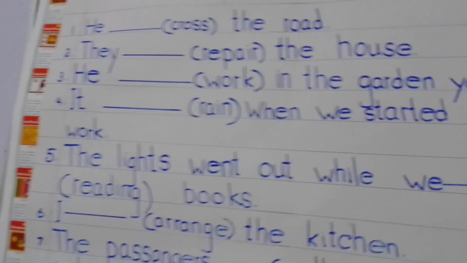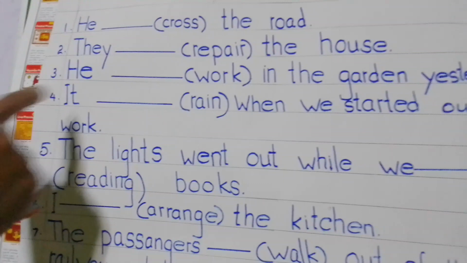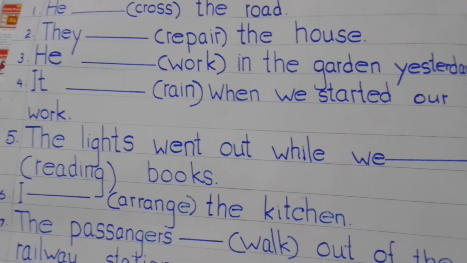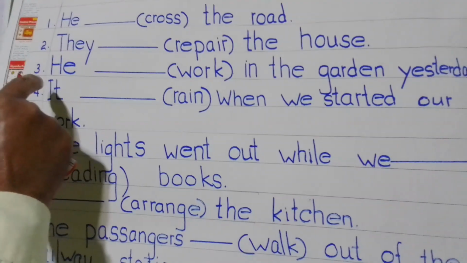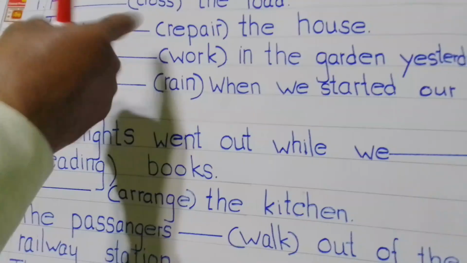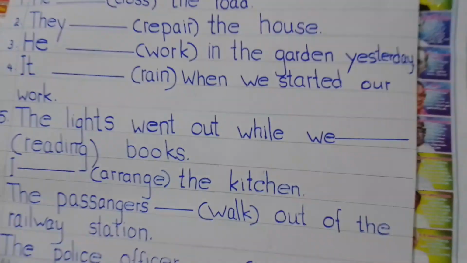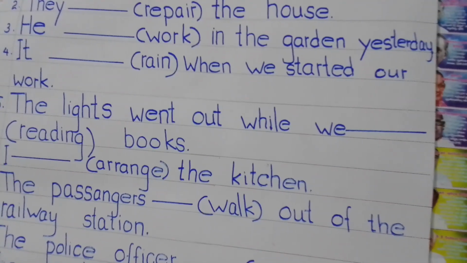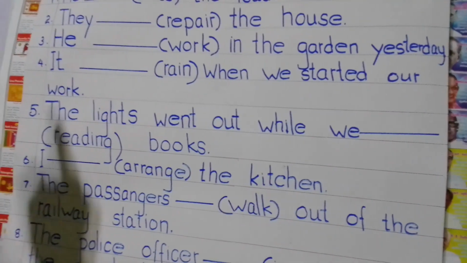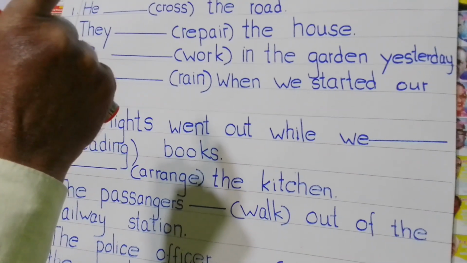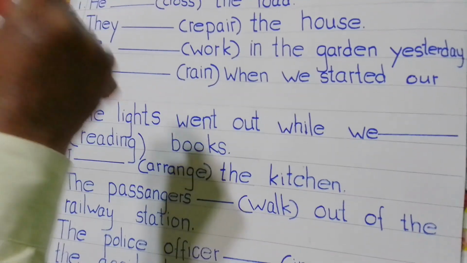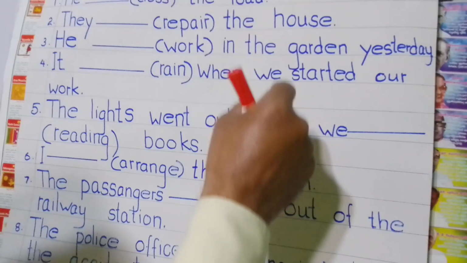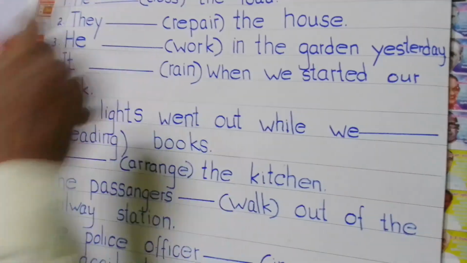Next, we move on to the third one. He. It is singular. Therefore, you have to use the helping verb. He was. Okay. The verb is given within brackets as work. We have to write the verb with ing. He was working in the garden yesterday.